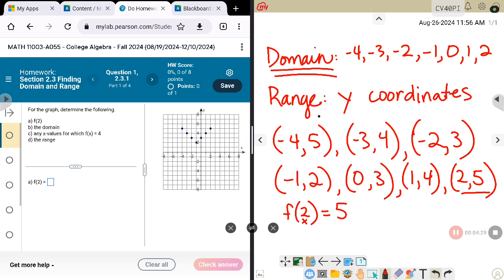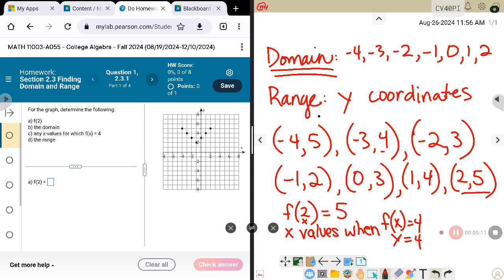Now, part C of this question says find any x values for which f of x equals 4. So when f of x equals 4, what does that mean? f of x is another way to say y. So in other words, what are the x values when your y is 4? Let's go through and look at all of these points and look for where the y is 4.